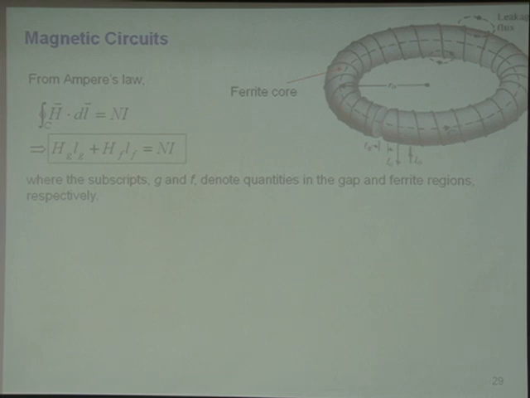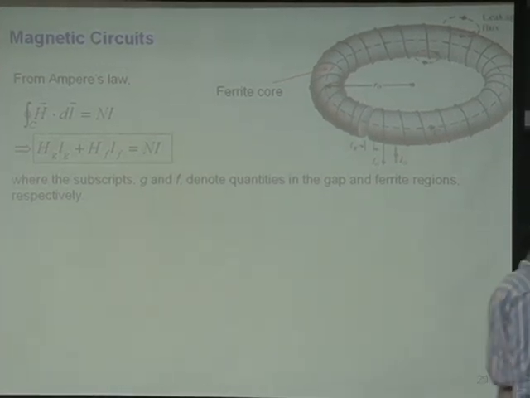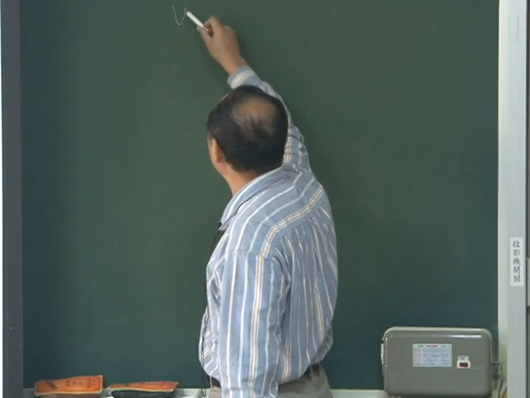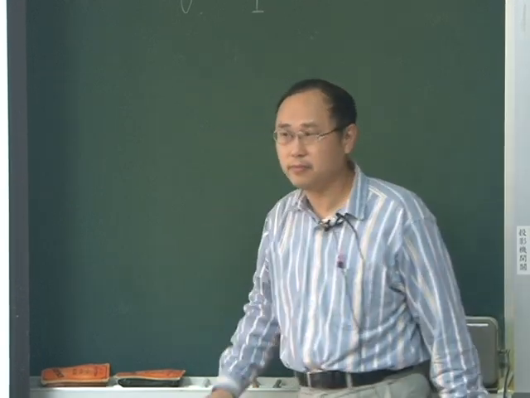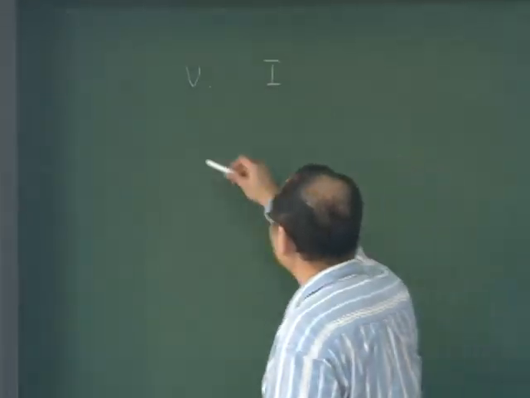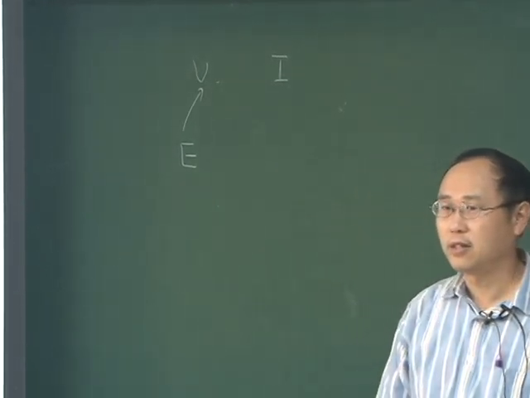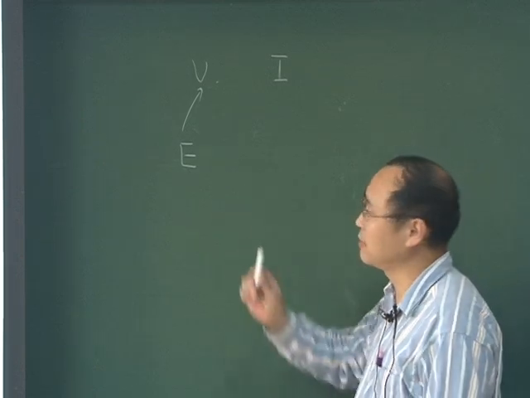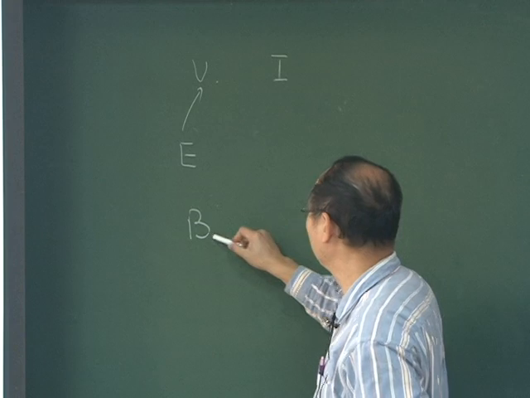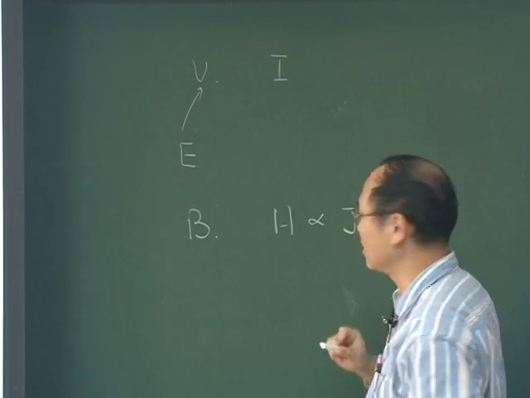Now, before I do anything, let's just think about an electric circuit governed by V and I. And this comes from actually electric field. And for magnetic field, you have B and H. And this is proportional to current.